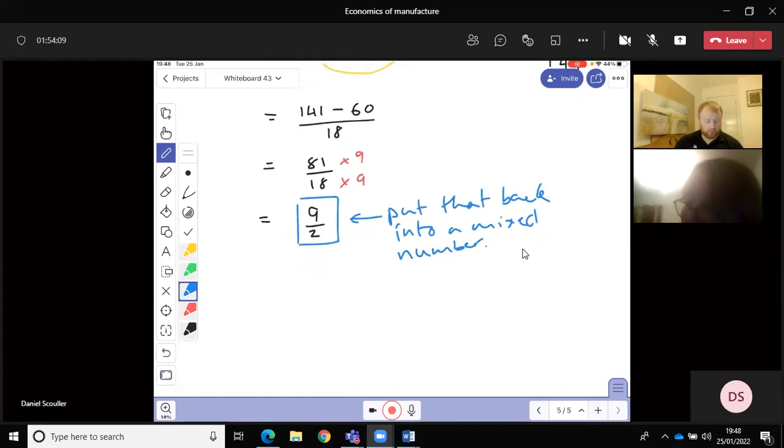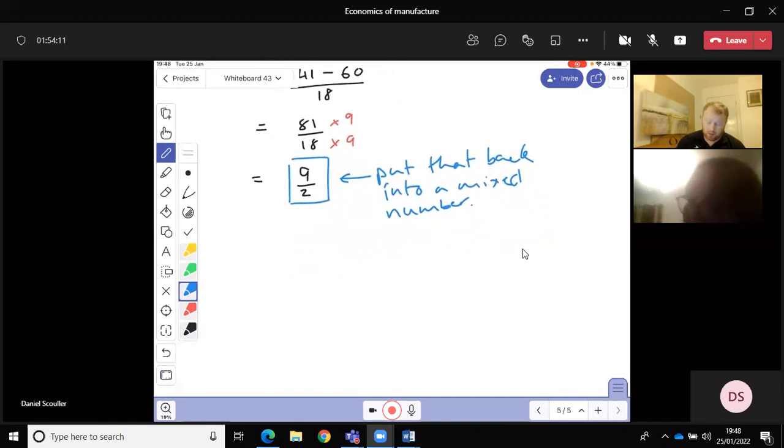So what we need to do, now we've simplified it as far as we can, can't simplify that any further, we need to know how many 2's go into 9, and then we need to know how many remainders we've got. So we need to go through our 2 times table until we get past 9, and then work backwards from that point to work out how many remainders.